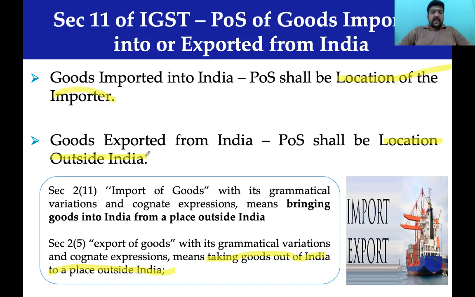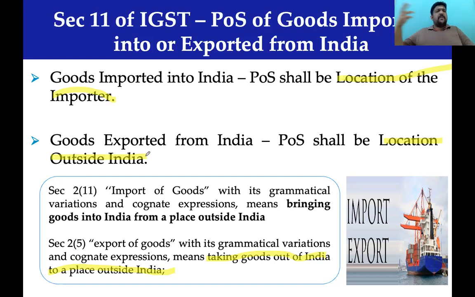You can ask me, sir, why you never emphasized much on this transaction? I'll highlight to you why. One of the very important reasons for determining place of supply is to determine the nature of supply. Let me repeat it.